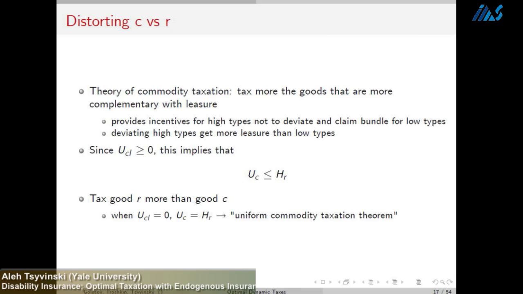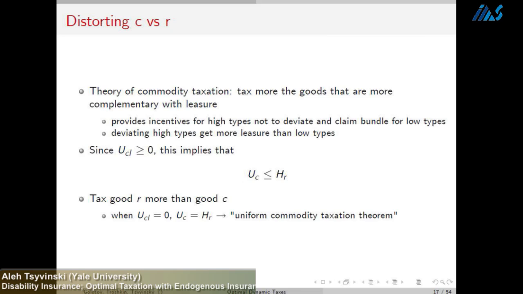Okay? And if consumption is complementary with leisure, that I want to tax, I want to distort that good more than this good R, which has utility H, which are the future promises. So I want to introduce a distortion if consumption and leisure are complements, or consumption and labor are substitutes.